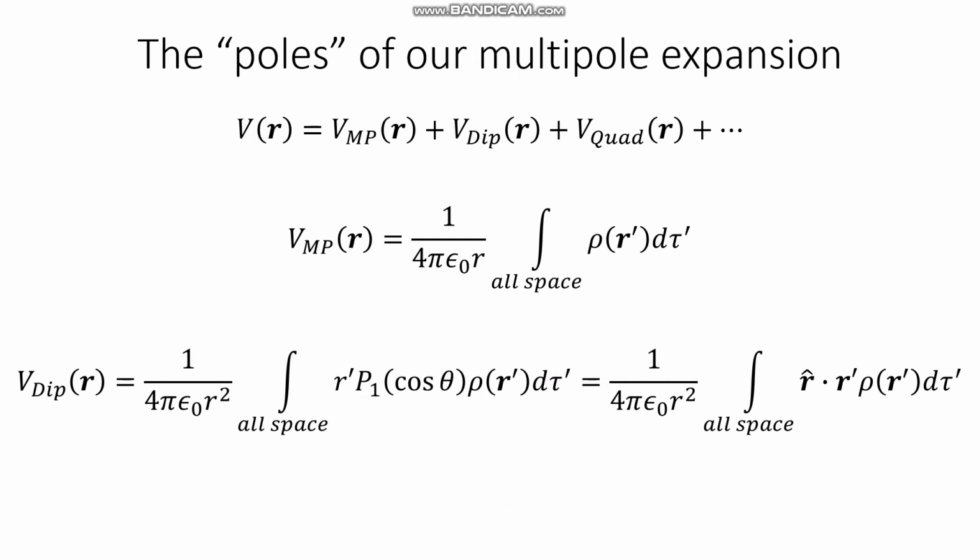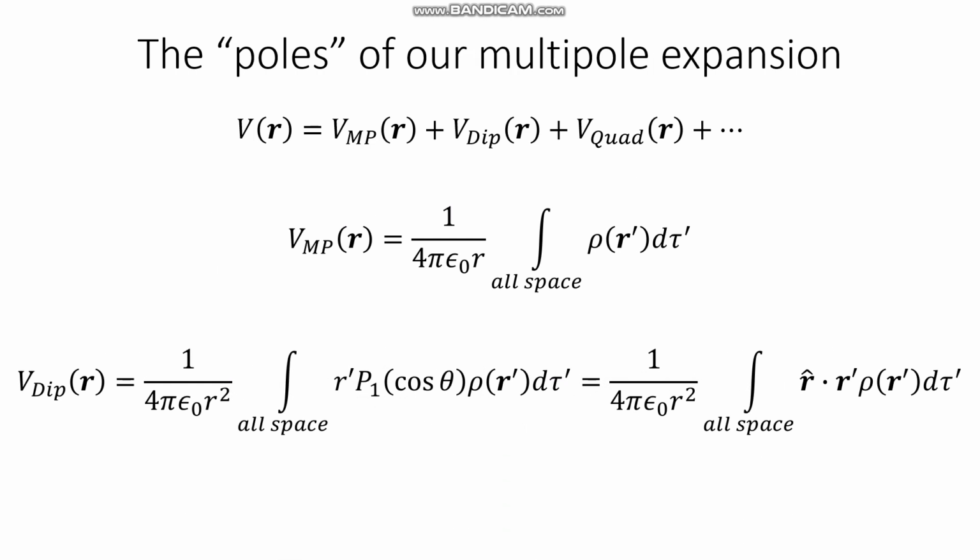You are taking the moment of all the individual charges or the charge densities that are there. You're summing the moment, the first order moment associated with these charges. That's one way of looking at the dipole moment associated with this. So this becomes the dipole contribution to the potential.